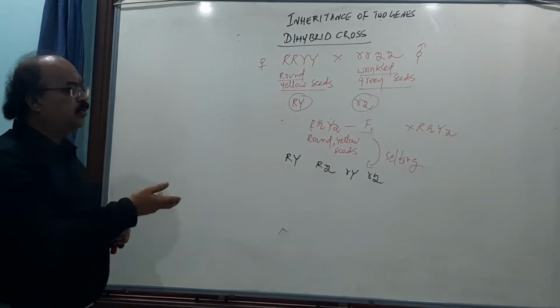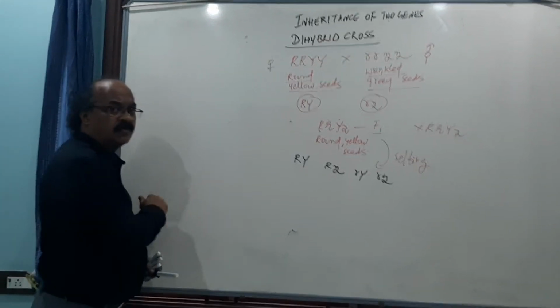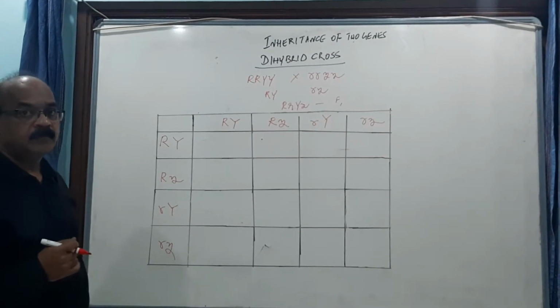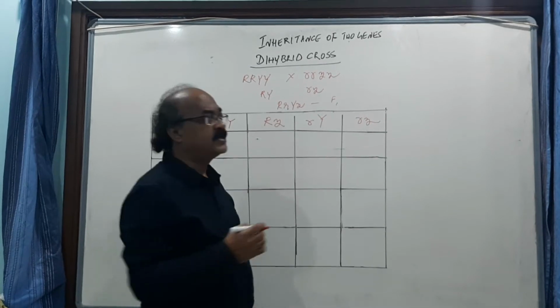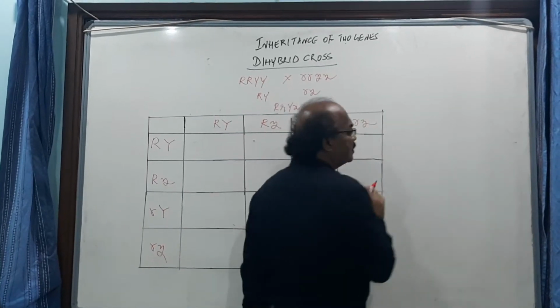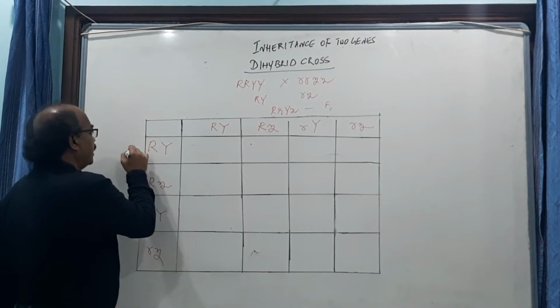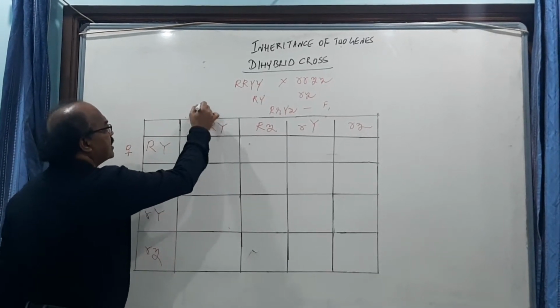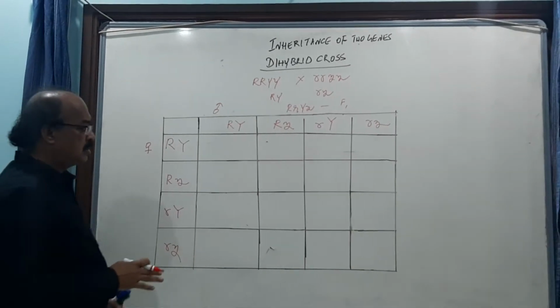Now, when you go for the F2 progeny, I have given you those four types of gametes from a female parent as well as a male parent. You are getting four types of gametes.